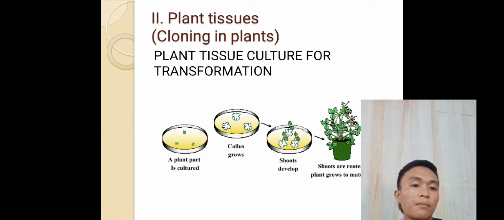That is, a plant part is cultured. A plant part is the cells of an explant or a tissue. Next is callus growth.